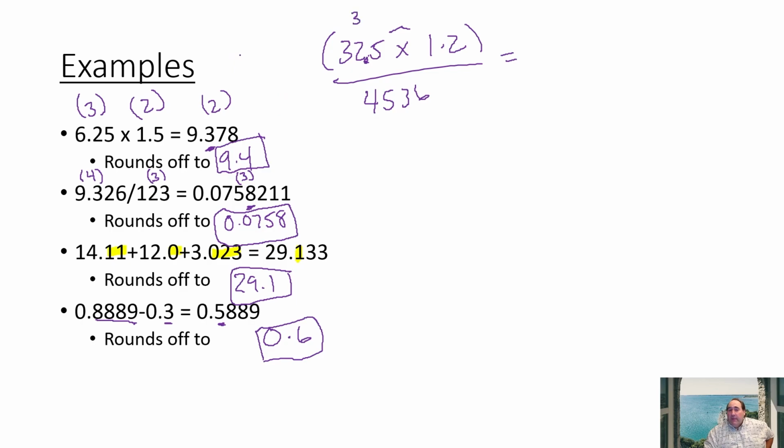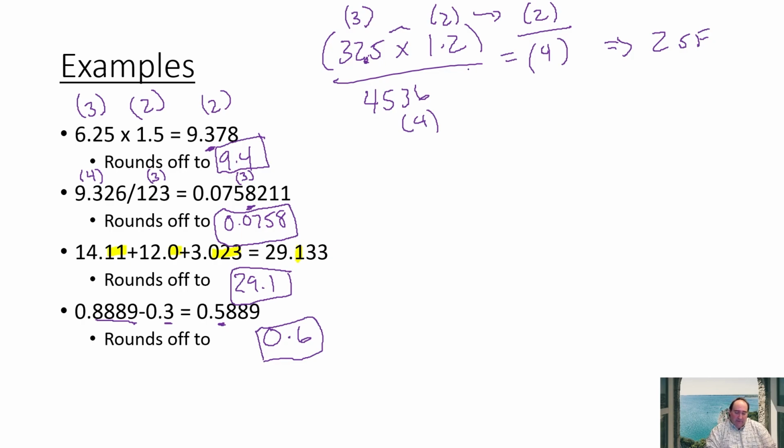So really this would be 3 significant figures times 2 significant figures, which means really our top number should have 2 significant figures. Then we're going to take our top number, which is 2 significant figures, and divide it by our bottom number, which is 4 significant figures. And that means our answer actually should end up with 2 significant figures.